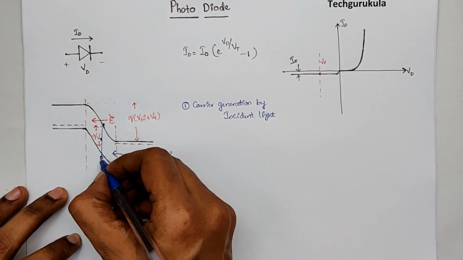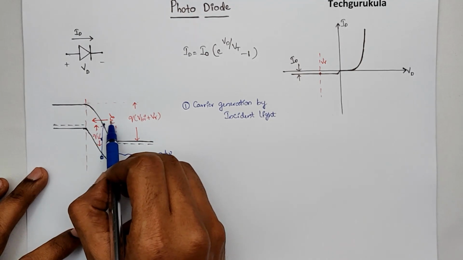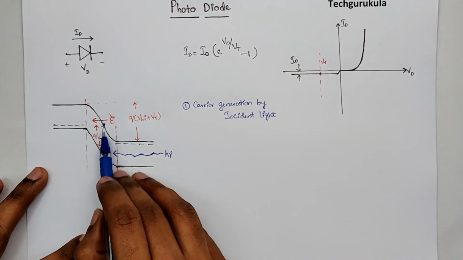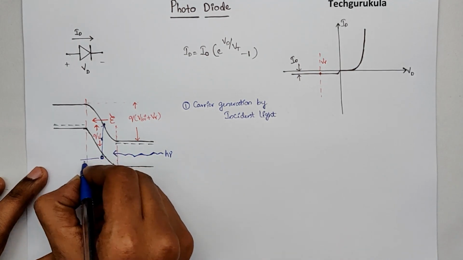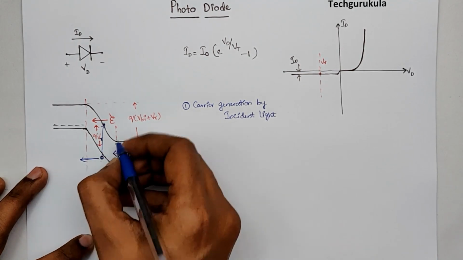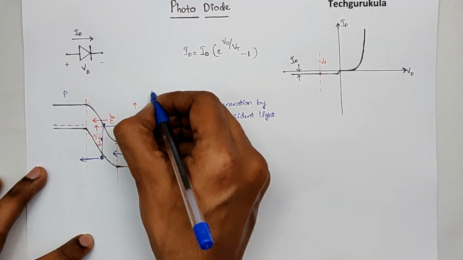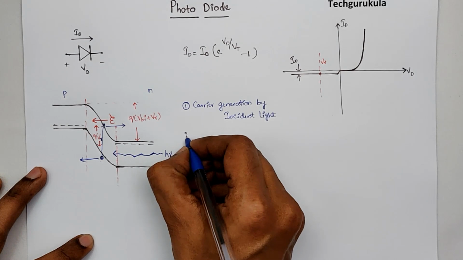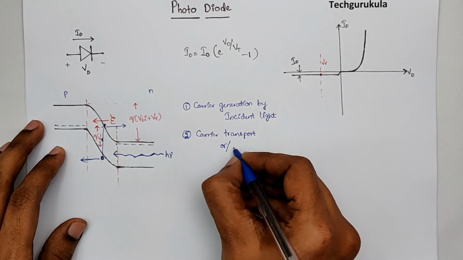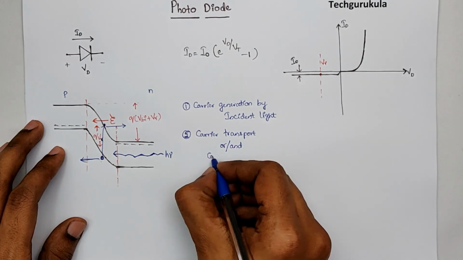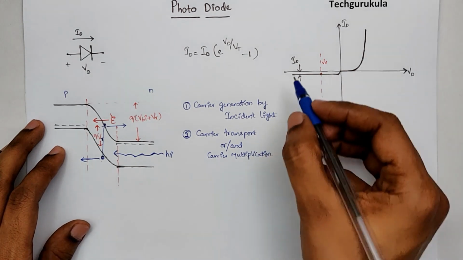As these electron hole pairs are generated in the depletion region where we have the electric field, this electric field would separate them: the holes would be sent to the p side and electrons would be sent to the n side. This is the p side, this is the n side. So the second point is carrier transport, or in some cases carrier multiplication, especially in the avalanche breakdown region.